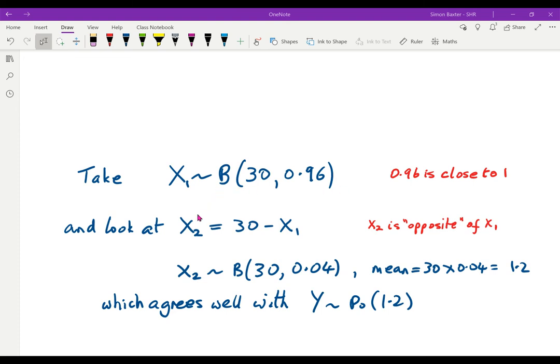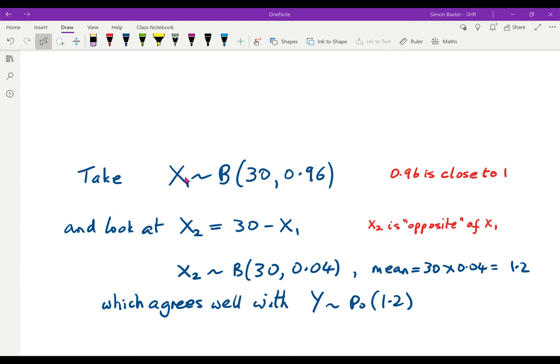What we need to do is to look at x2, which is what I would describe as the opposite of x1. So if the probability of success with x1 is 0.96, the probability of success with x2 will be 0.04, and x2 will be 30 minus x1.